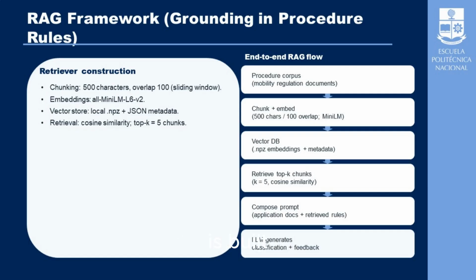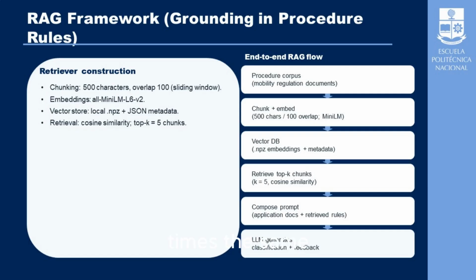The retriever is built in 3 steps. First, the corpus is chunked using a simple character-based sliding window, with chunks of 500 characters and an overlap of 100 characters. Second, each chunk is embedded using a sentence transformer model. And third, embeddings are stored locally in a file along with JSON metadata.